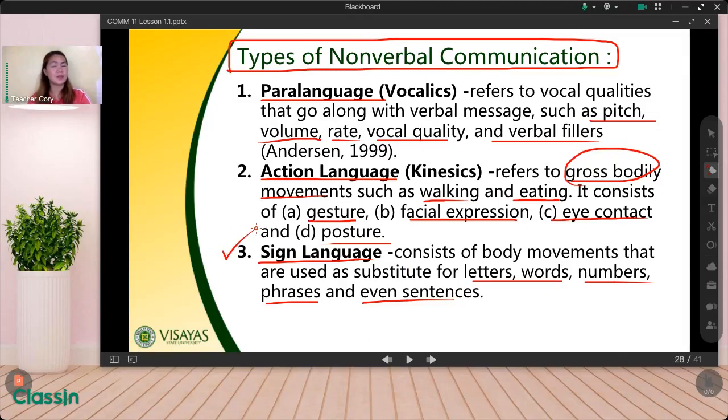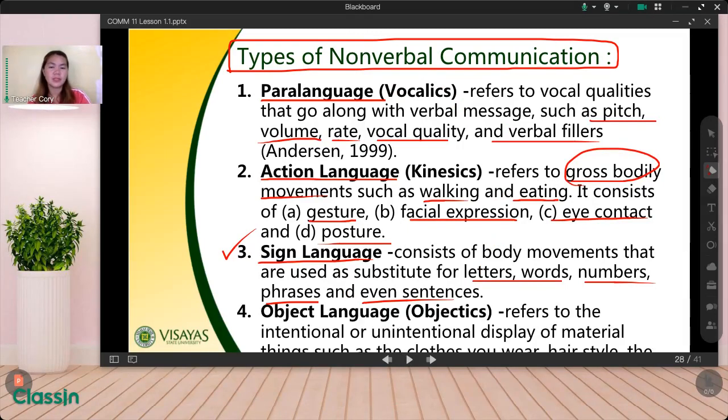And I think there was a question about this: if sign language is verbal, because for the deaf-mute community, they're not using words; they're using sign language instead of words. But it is nonverbal because there are no words, and sign language is used to replace or substitute words. Okay, so it is nonverbal.